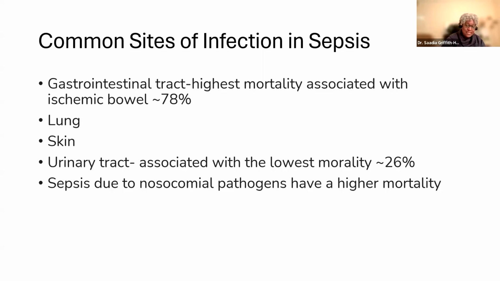And then GU cases, urinary tracts, are 15 to 30%, followed by bacteremia, skin, etc. So again, the highest mortality is with the GI tract. The lowest mortality is with the urinary tract. But if you had to say, what is the most common site of infection that cause sepsis? Your number one would be pulmonary, and your number two would be abdominal, and your number three would be the urinary tract.